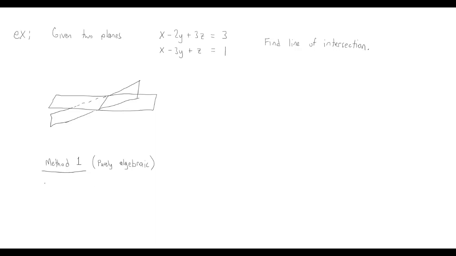So the strategy is to set one of our variables equal to t, and then solve for the others in terms of t.